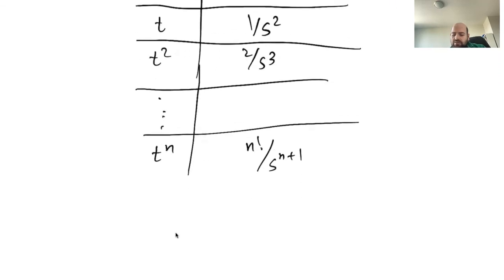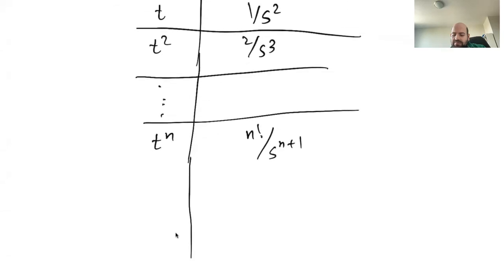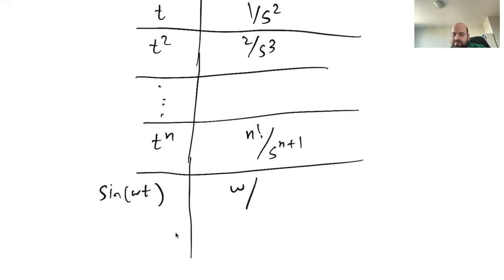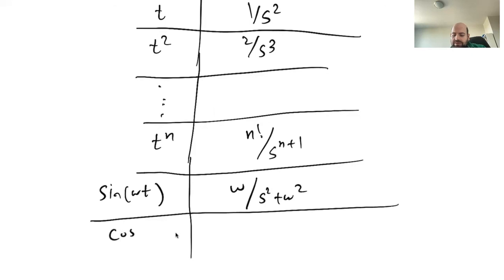And for sine omega t, we saw that the Laplace transform was omega over s squared plus omega squared. For cos omega t, it was s over s squared plus omega squared.